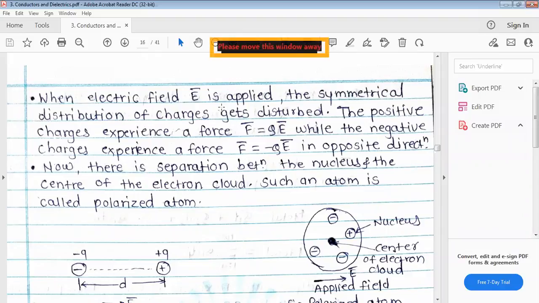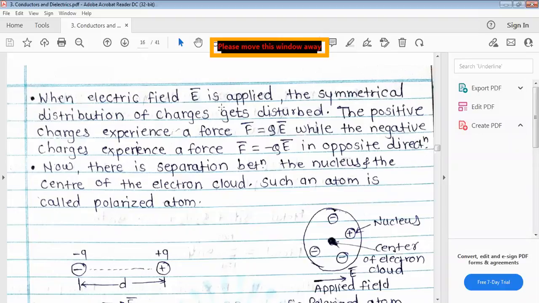What is the direction of electron flow? They are moving from negative to positive. That is the electron current. Your conventional current flows from the positive terminal to the negative terminal, but your electron current is from the negative terminal to the positive terminal, right? So remember these small things.